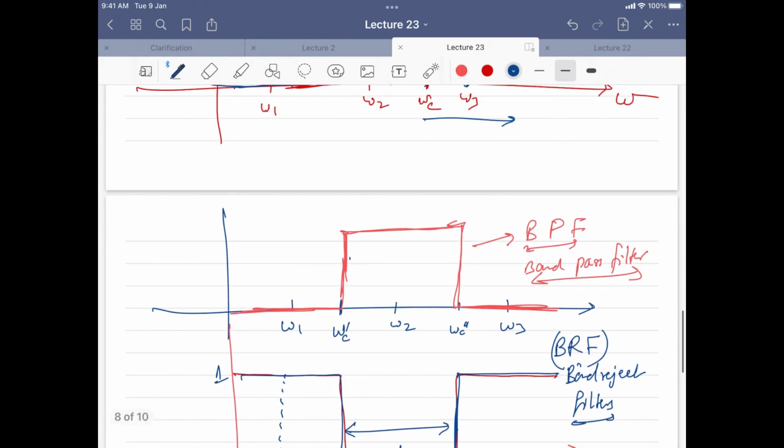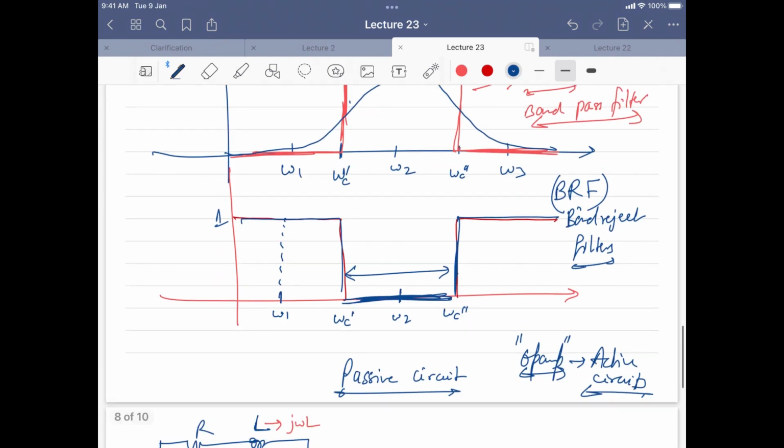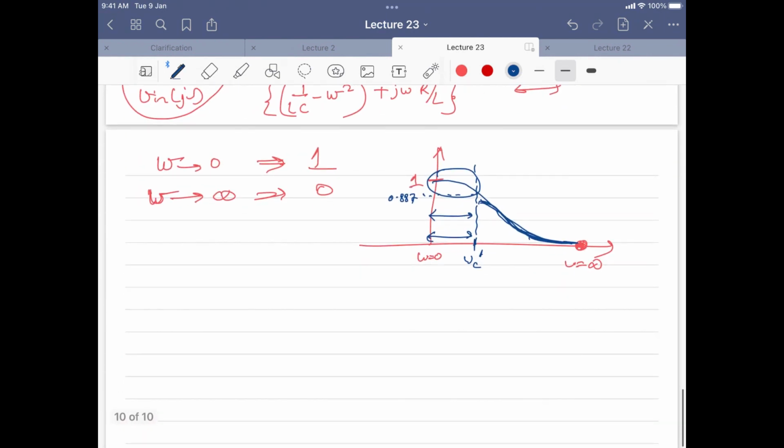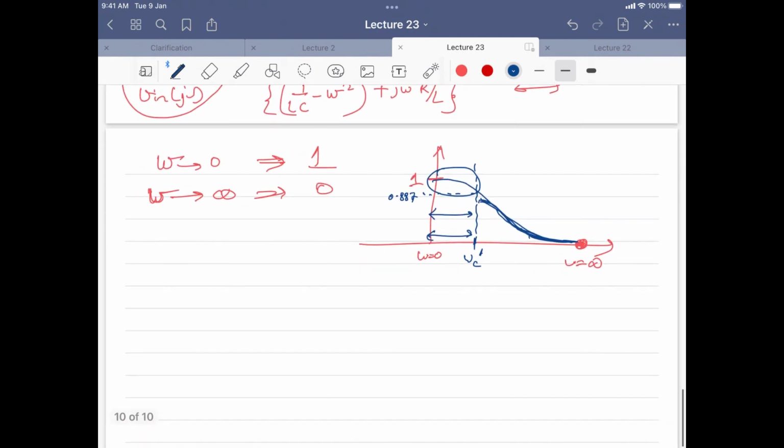Here also the curve will look like this. And in this case, curves will look like this, and not the ideal situations. So this is basically the low pass filter, because its behavior looks like ideal behavior with this type of characteristics.